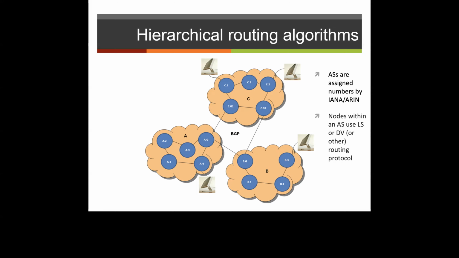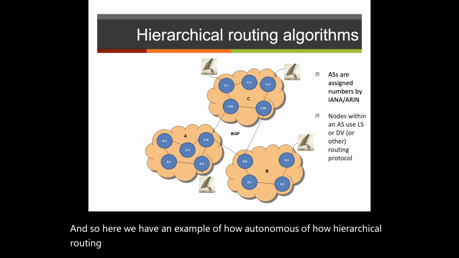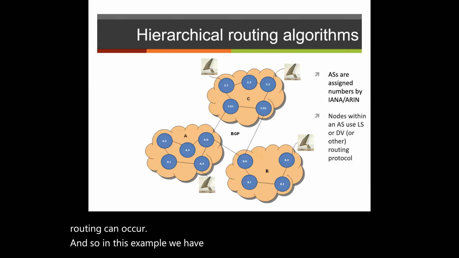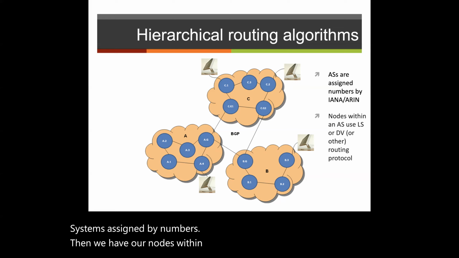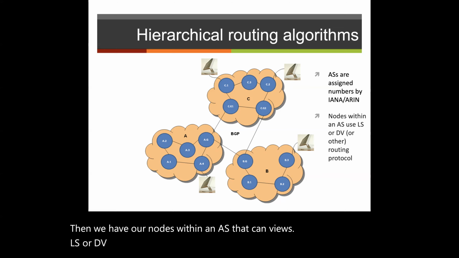And so here we have an example of how hierarchical routing can occur. In this example we have our autonomous systems assigned by numbers. Then we have our nodes within an AS that can use LS or DV for the appropriate routing as well.